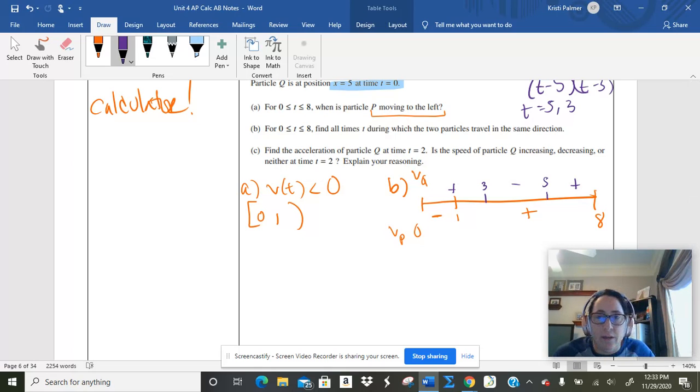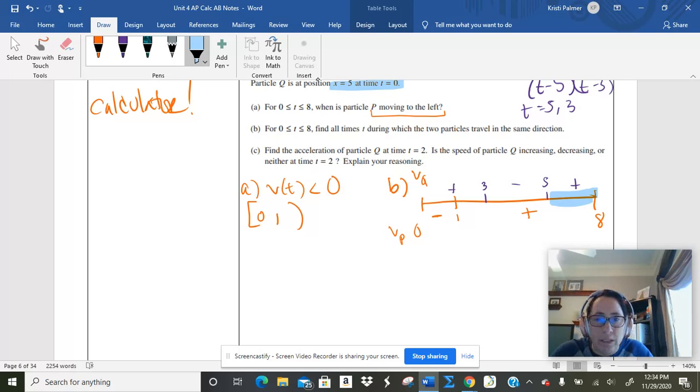So where are we moving in the same direction? Where are they both positive? I can see that they are both positive from 5 to 8. And when are they both negative?